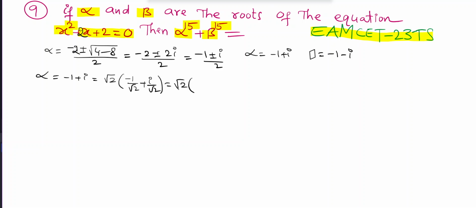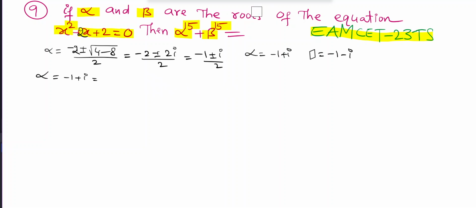This -1 by root 2 is written as cos of minus pi by 4 plus i sine. Write down this as -1 plus i.